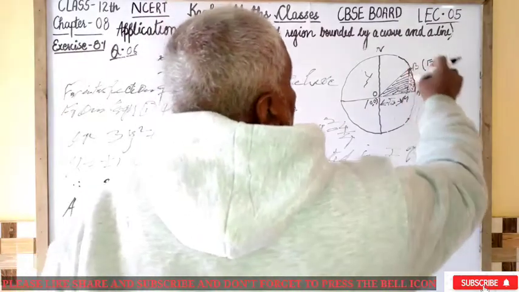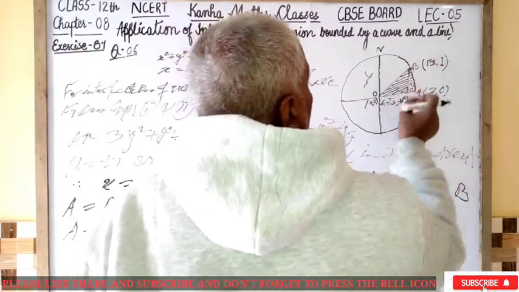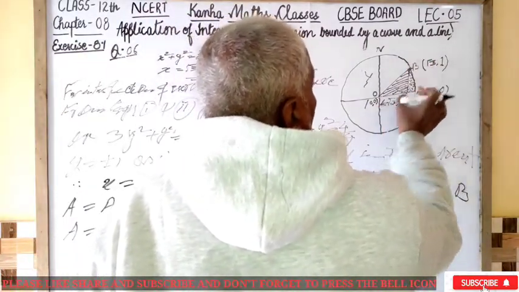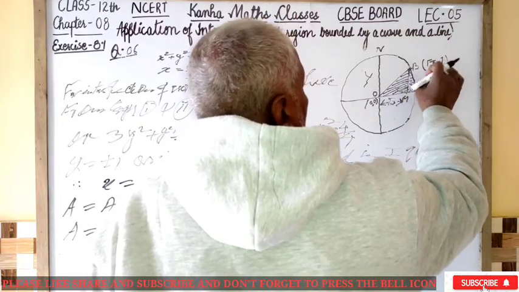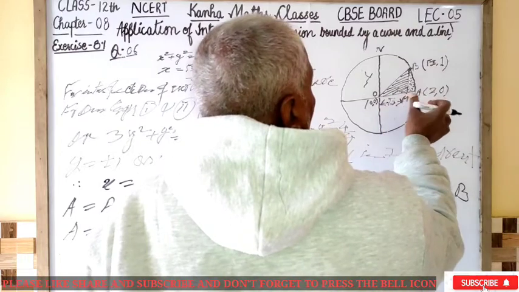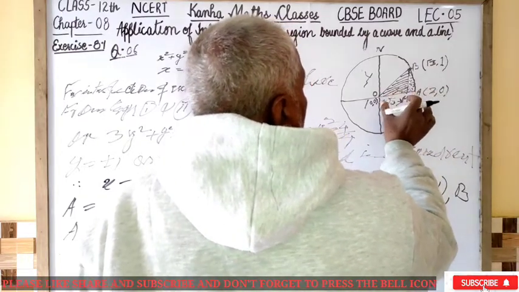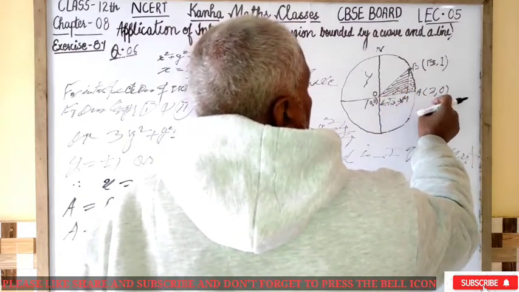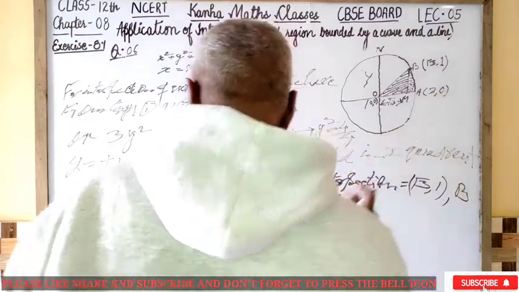Because in this figure OM is equal to root 3 by virtue of the point of intersection, the x coordinate is root 3, and the upper limit is OA, that is the radius of the circle, 2.